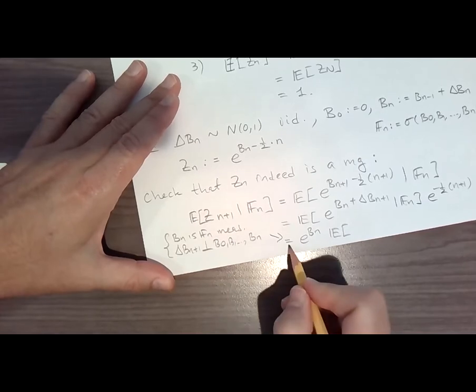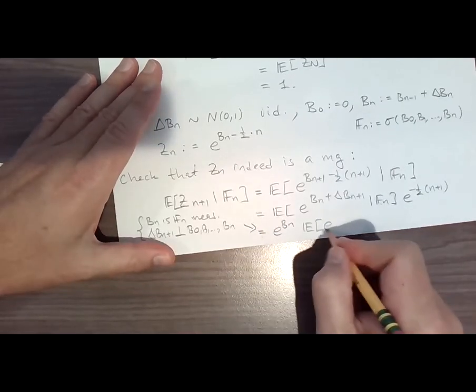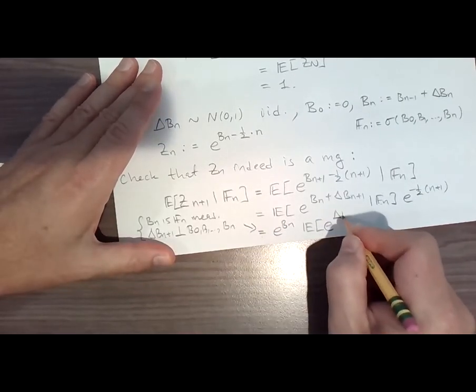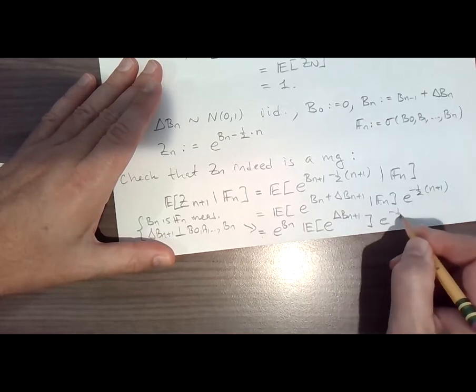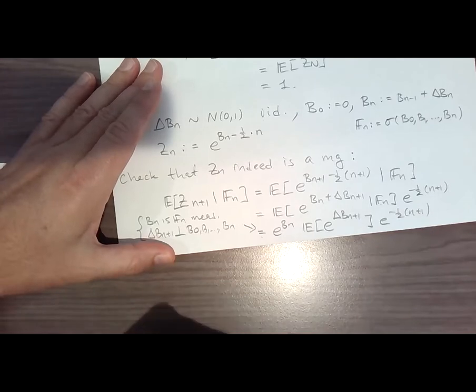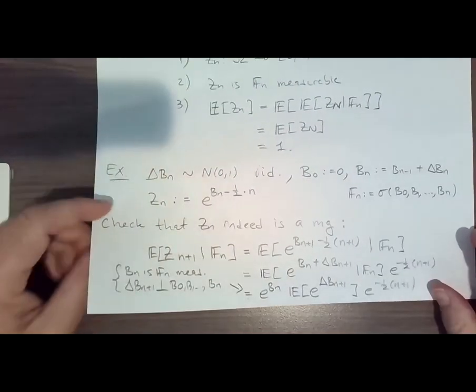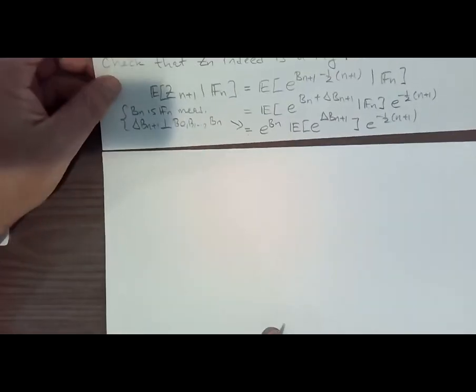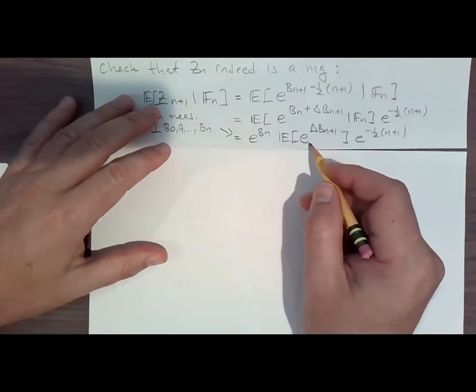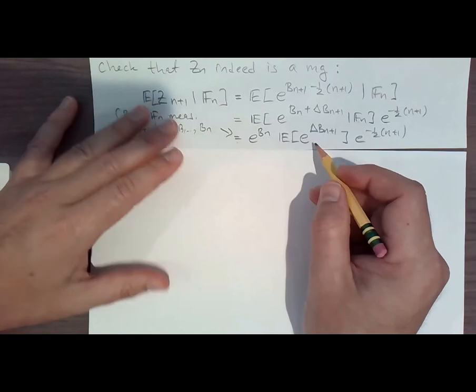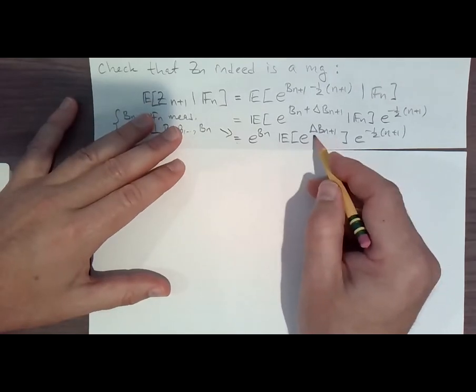Using these two properties we get that equality sign. So here we have the expectation of e to the delta Bn plus 1, times e to the minus 1/2 n plus 1. And then we're almost there. What is left now is to compute this expectation. But this is the moment generating function. This is the one that we've been working with. This is standard normal.